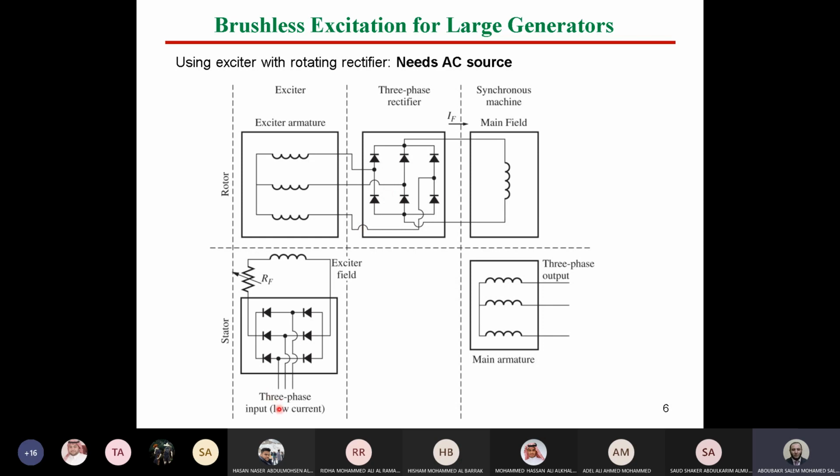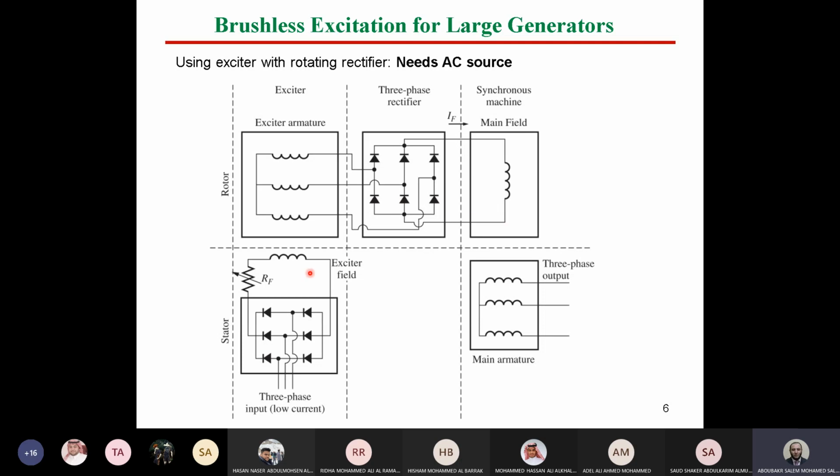Firstly, we supply AC to a rectifier in order to convert it to DC. This DC field winding will generate an AC EMF in the rotating windings, because we have DC and we have rotation. Because of rotation, an AC voltage is induced here. This AC voltage is then rectified again to DC, which is coupled directly to the field winding of the synchronous machine.